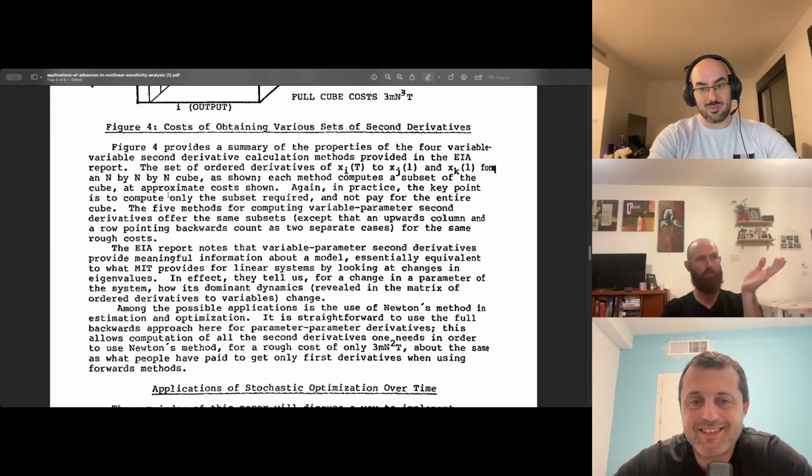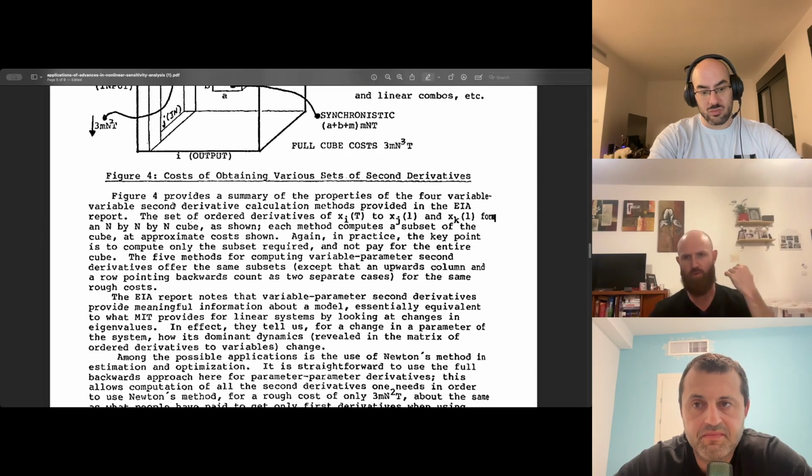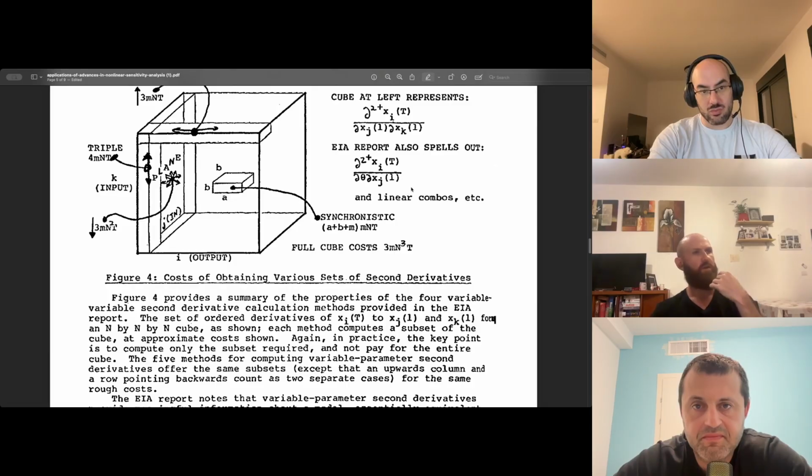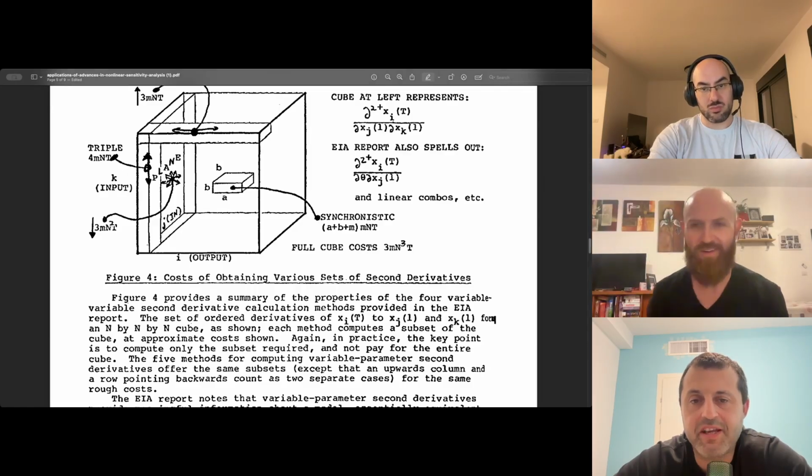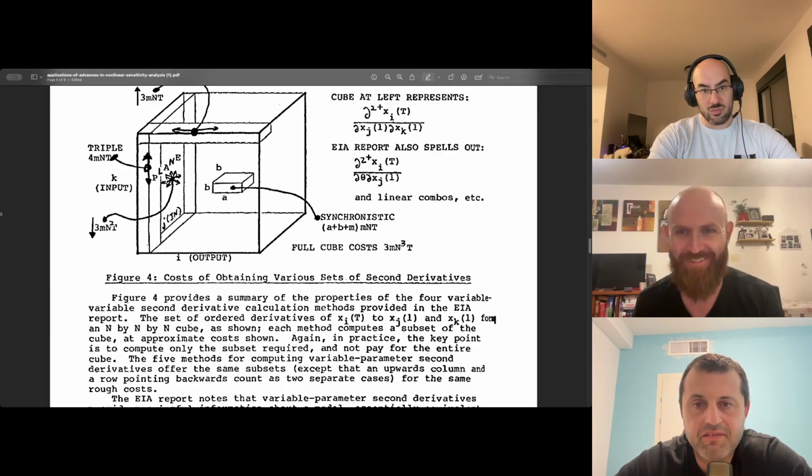And now he has a part that is generalizing, talking about the second derivative. Sensitivity analysis is the first derivative. Now he talks about the second one, and says that we can also do forward as we always do, but we can also do backward. So in a sense, it relates to what we call today the Hessian, how do I say it properly in English, Hessian, I guess, of the system.